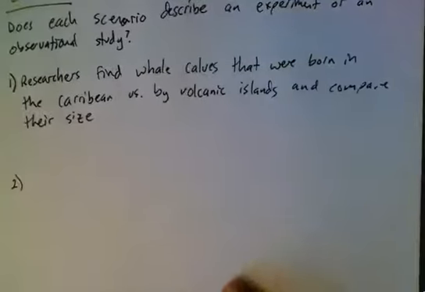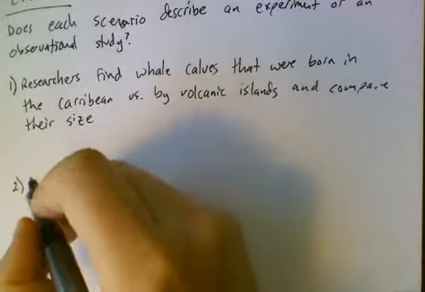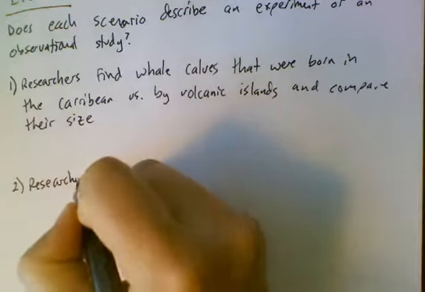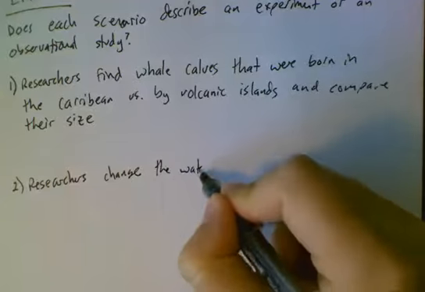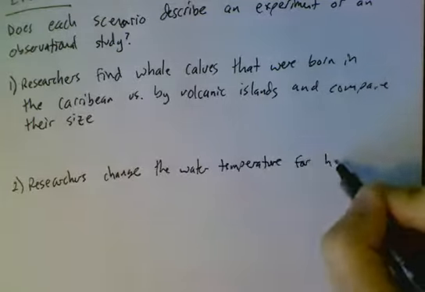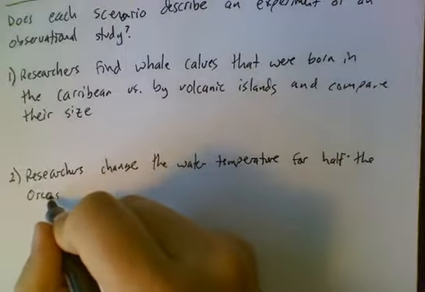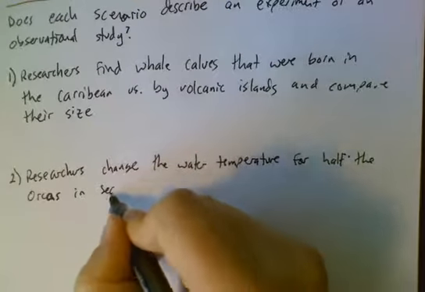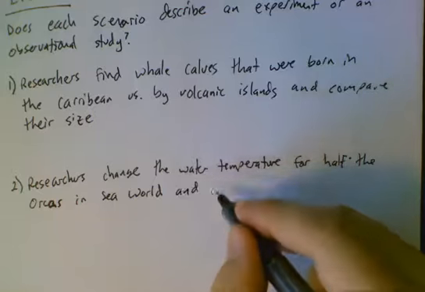For our first scenario, researchers find whale calves that were born in the Caribbean versus born in the warm waters of the volcanic islands. They're just going to compare their size. Leave just a little bit of space there. In the second scenario, researchers change the water temperature for half the orcas in SeaWorld, and compare how active they are, the orcas that is.